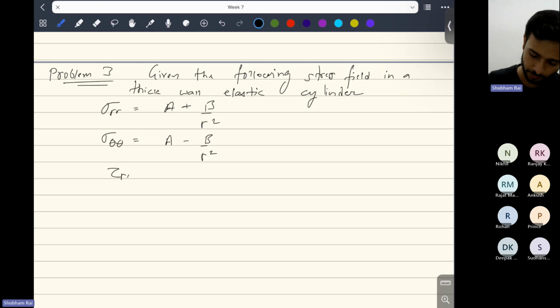So tau r theta is equal to tau r z is equal to tau theta z is equal to sigma z z. These terms are 0. And here A and B are constants.